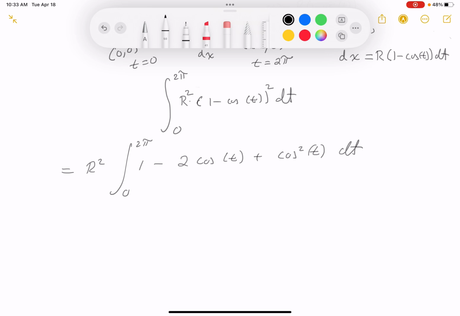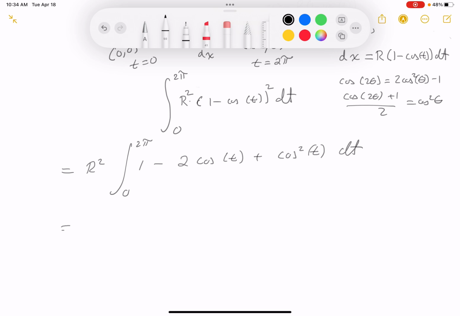That cosine squared, I got to remind myself, and let me just remind you over here, that cosine of 2 theta is the same thing as 2 cosine squared theta minus 1. So cosine 2 theta plus 1 over 2 is cosine squared theta.